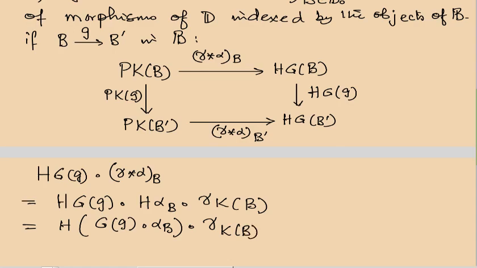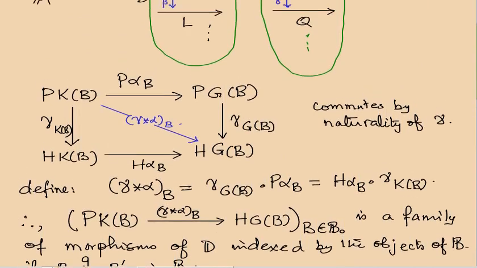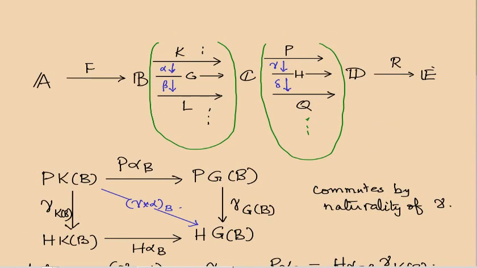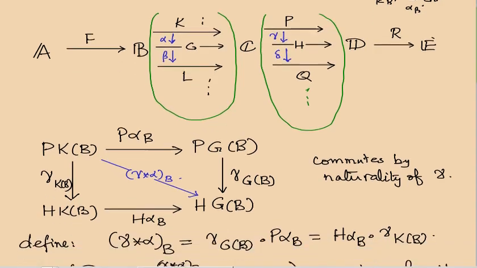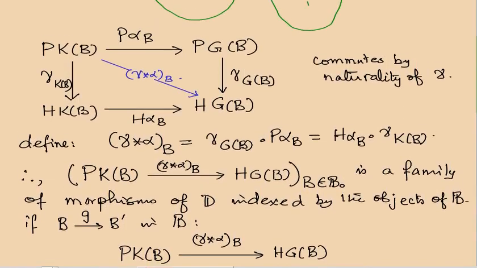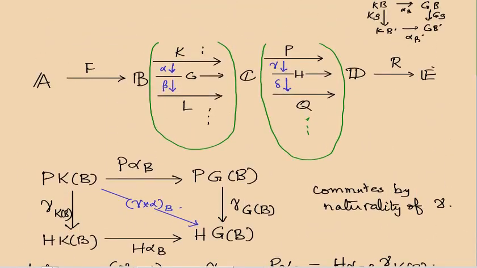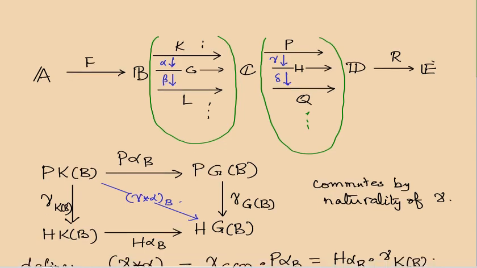Now observe, what was alpha? Alpha was from K to G. So if you had B to B prime, KG and GG, this is alpha B prime and this is alpha B. So GG composed alpha B. Let me bring this here.